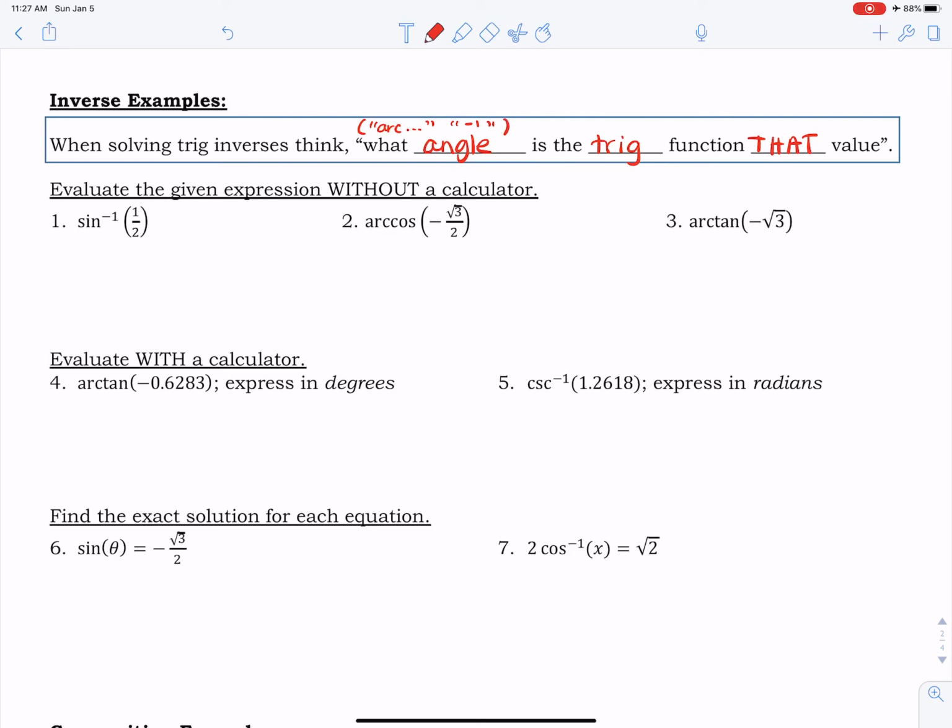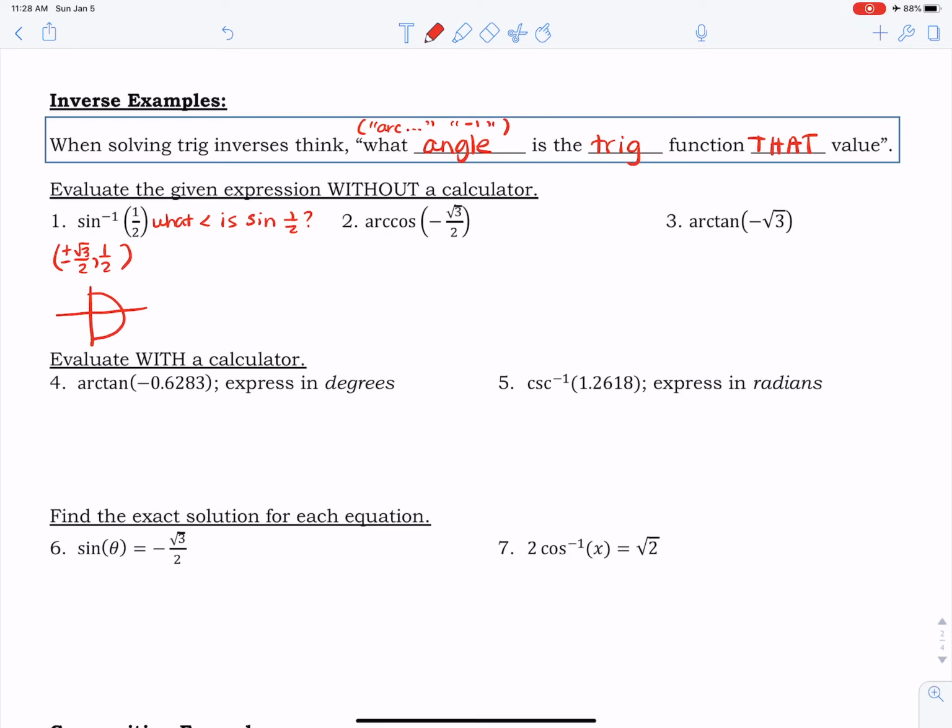So number 1, I see that -1 power. So what angle, and I'm going to abbreviate angle with a symbol, is sine 1/2. So fill in a little coordinate, and 1/2 is the y value. So the possible x values are square root of 3 over 2 and negative square root of 3 over 2. But it must be within the range.